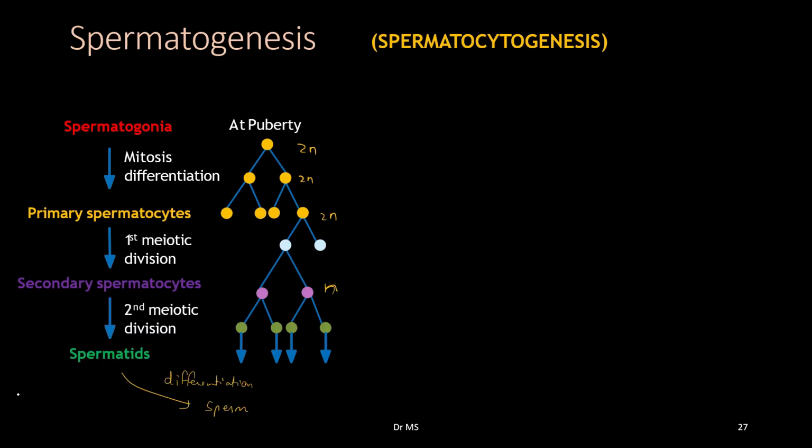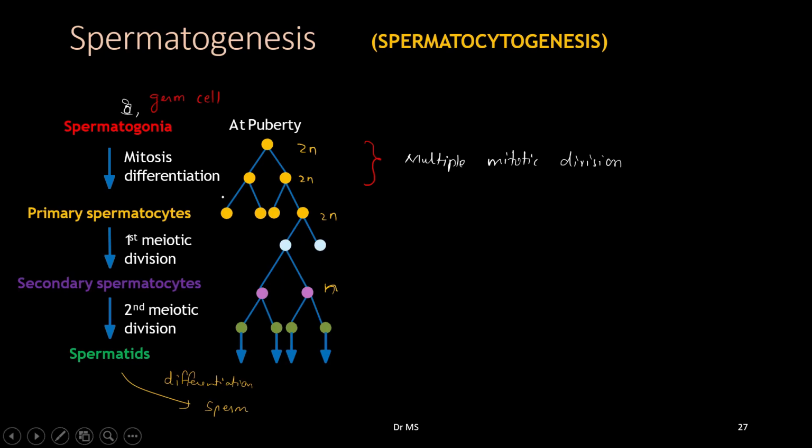So remember, this spermatogonia is also called a germ cell, or sperm mother cell. It will undergo multiple mitotic divisions and form the primary spermatocyte.